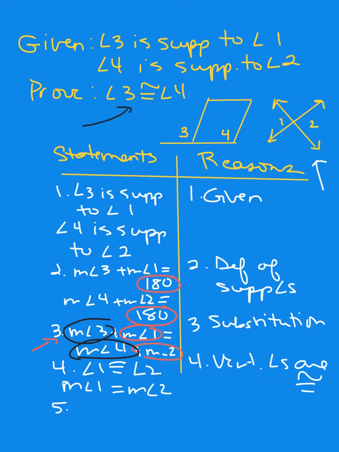So I'm going to say that the measure of angle 3 is equal to the measure of angle 4, and that is because of subtraction. I subtracted out what I did in number 4, the measure of angle 1 and 2 are equal, and I need to change that equality back to congruency because that's what my proof statement is asking for. So I can say angle 3 is congruent to angle 4.